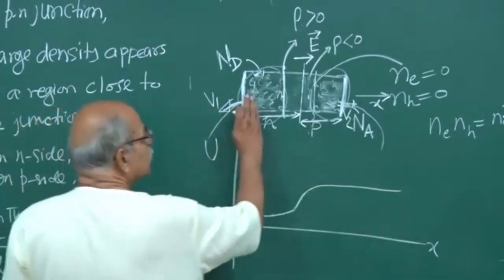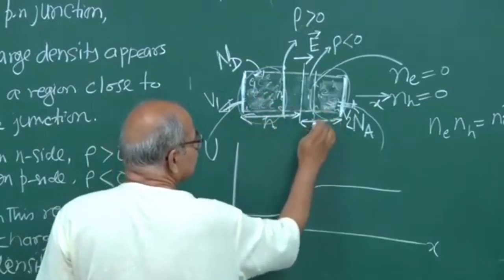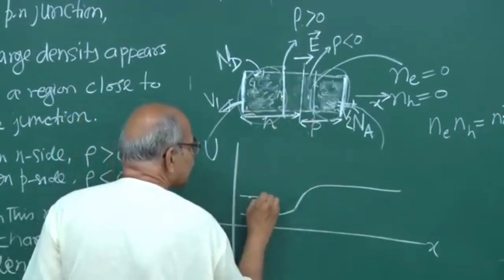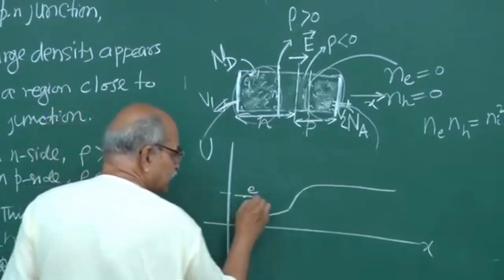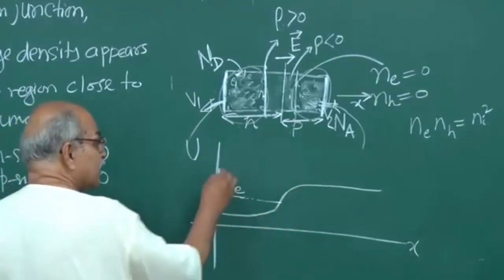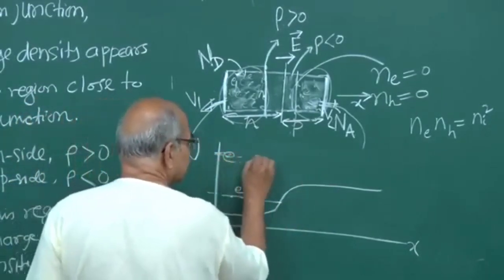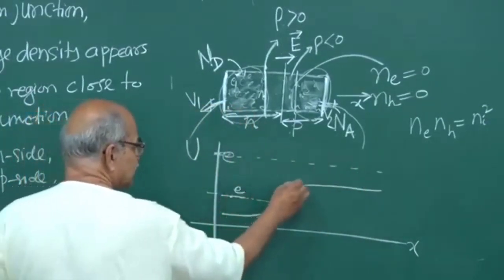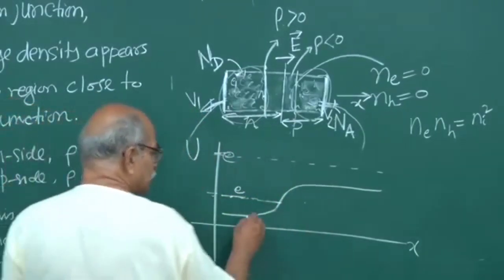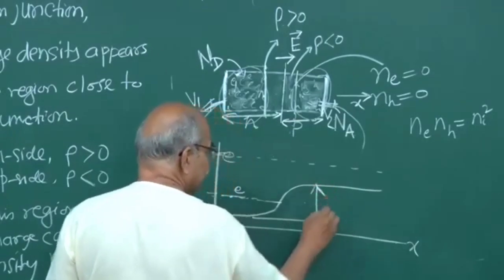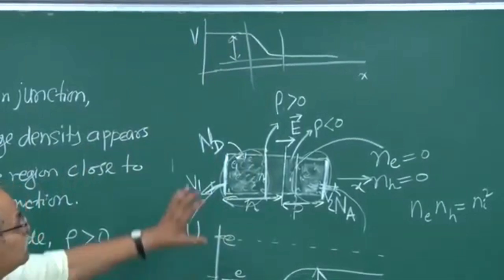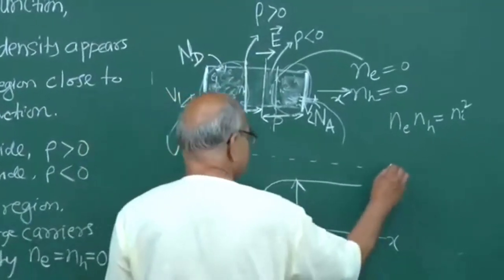So if electrons try to go from this negative side to that positive side, n type to p type, left to right, and they have some energy, say this is the energy of the electron, then it finds that there's a barrier out here. If the electron has this much energy, then it can go into this region. But if the electron has only this much energy, it cannot penetrate, at least classically. So this height, this difference, is the same as this difference. The units are different: this is voltage, this is energy. This difference is known as the potential barrier.